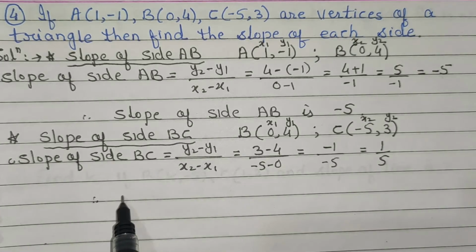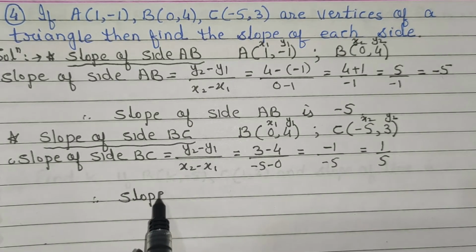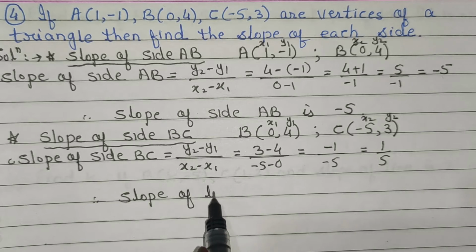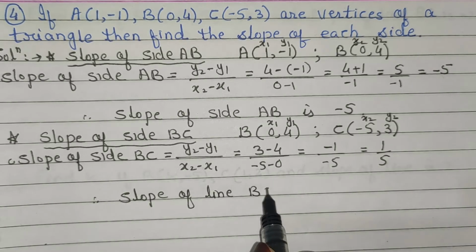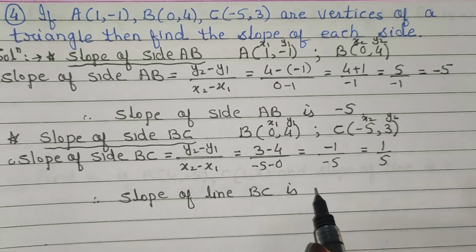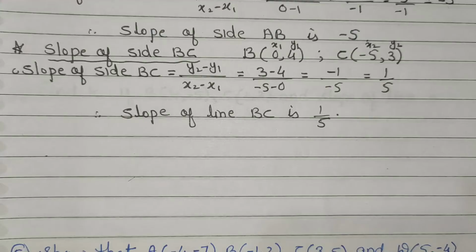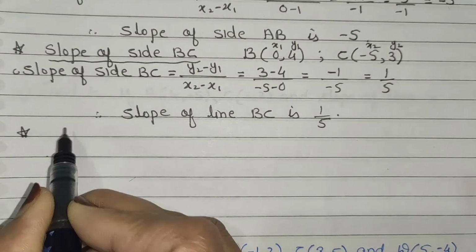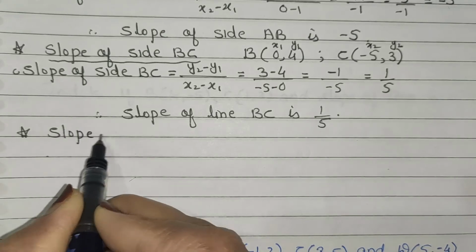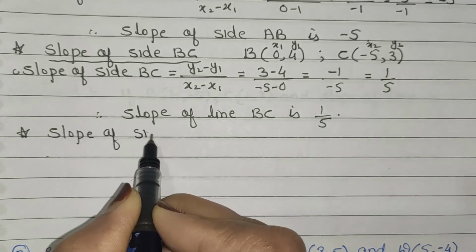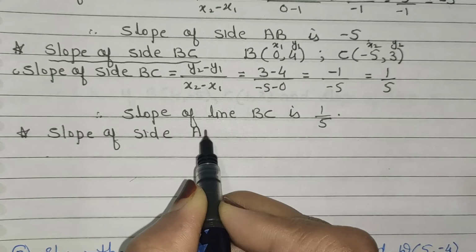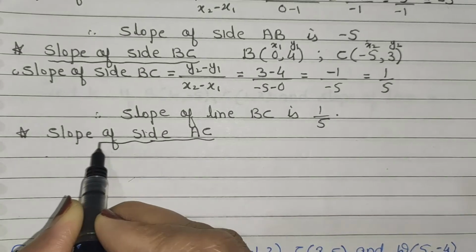Therefore write down the answer here. Slope of line BC is 1 upon 5. Slope of side AC.